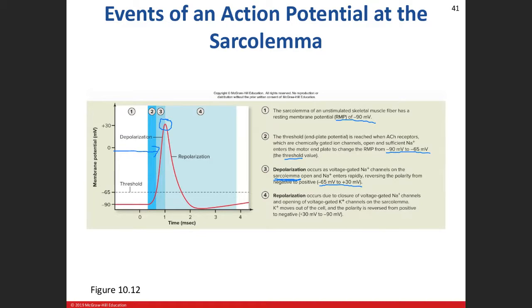Potassium leaves the cell. Here we have repolarization, and repolarization follows the depolarization all the way down the sarcolemma into the T-tubule. So we return our value back to -90. We'll dip a little bit below it, no big deal, and quickly fix that and get back to our -90 value.